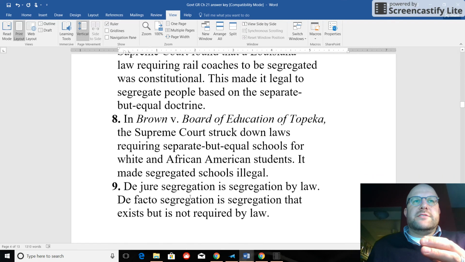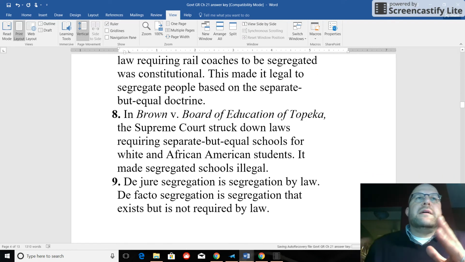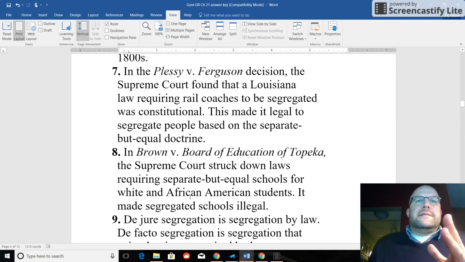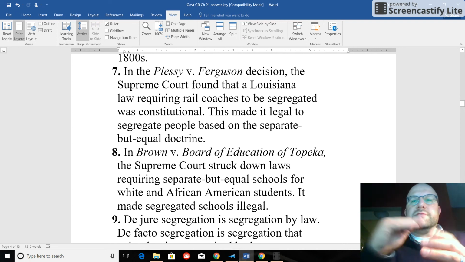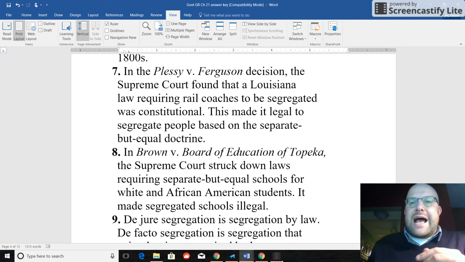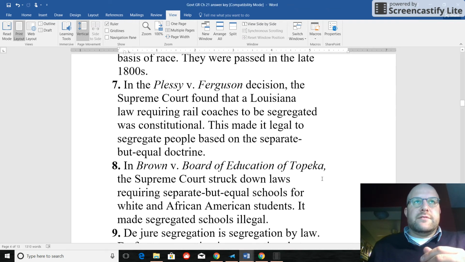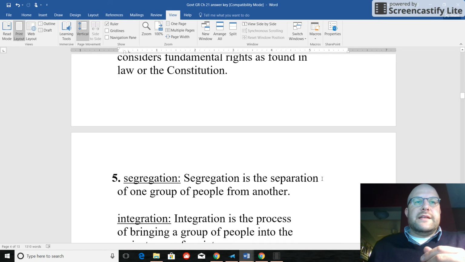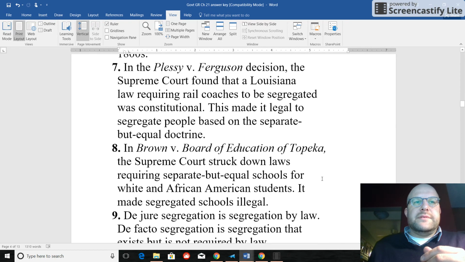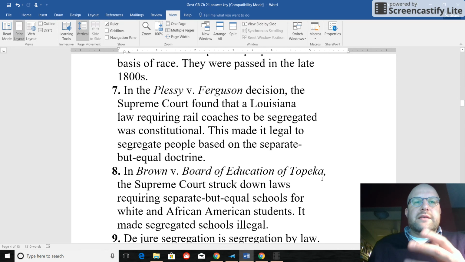Basically saying that segregated schools are illegal, separate but equal is not inherently equal. And schools, through a long fight, had to be integrated, bringing people into the mainstream of society, bringing African Americans into all-white schools, bringing them together.